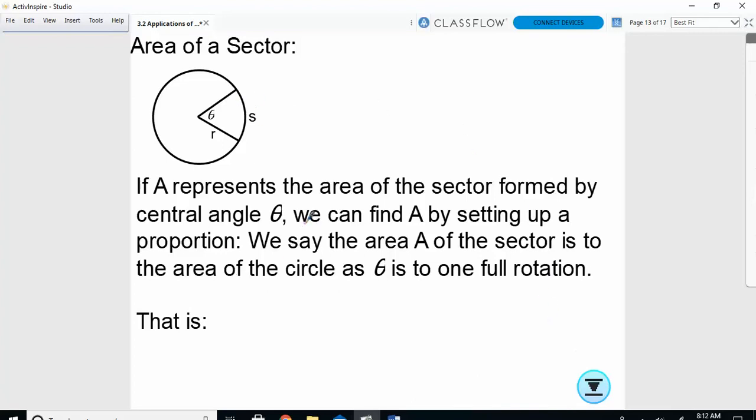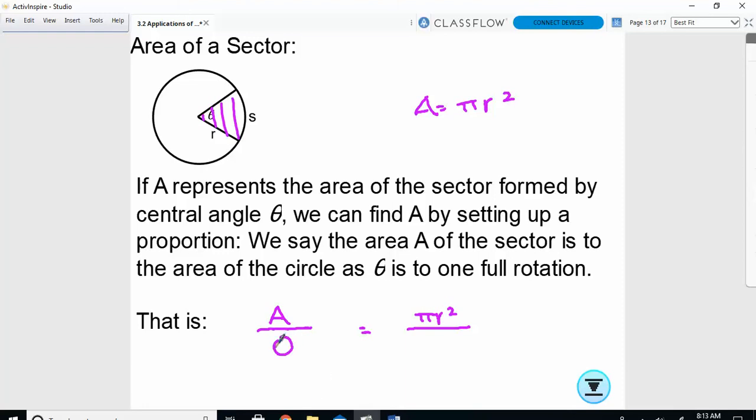We know how to find area of an entire circle, right? Area of a circle is pi r squared. You've used that before. When I want area of a sector, I'm talking about just area of a portion of a circle. So we can find that by setting up a proportion. We know the area of the whole thing is pi r squared.